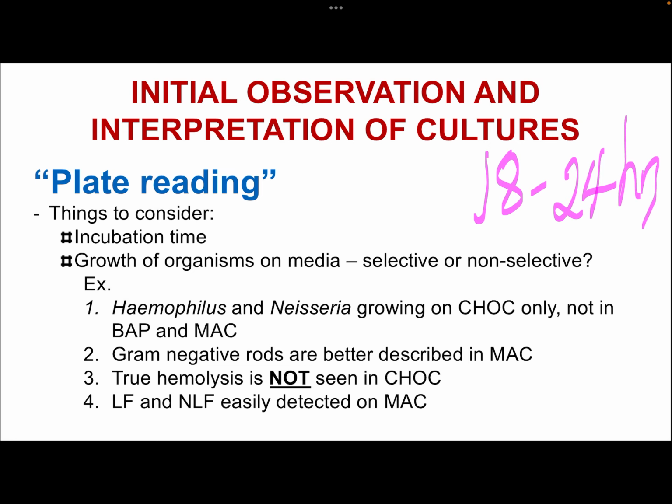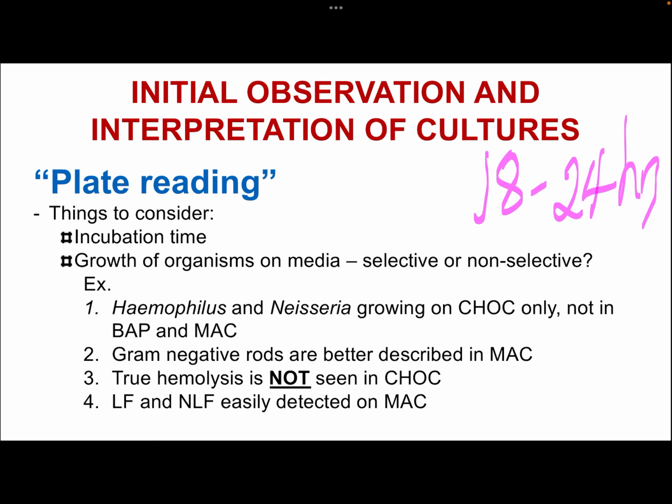And of course, speaking of hemolysis, S. aureus is beta hemolytic, right? So in younger colonies, the beta hemolysis of S. aureus is not that distinct as compared to the matured culture, which has reached 24 hours. So that's why incubation time is important.